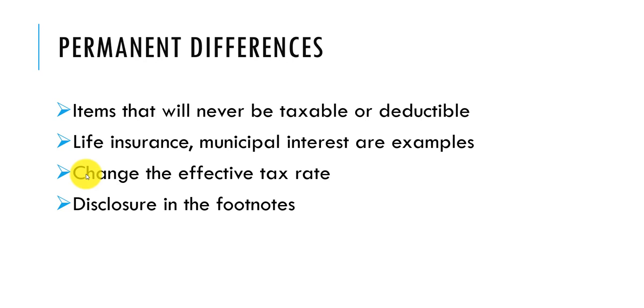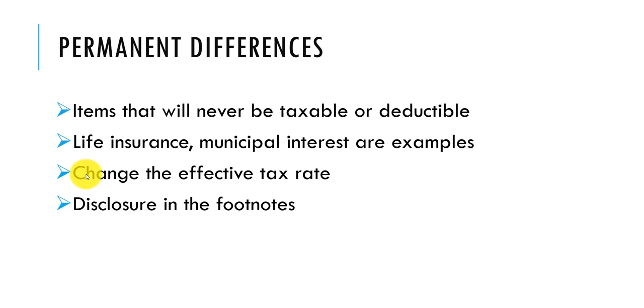Municipal interest is another example. There's not a huge number that we want to talk about, as long as you understand the concept. What they do is they change the effective rate. In the United States, the current effective rate for 2018 is 21%, a flat rate. It was 35% in 2017 and before, but is now 21%.